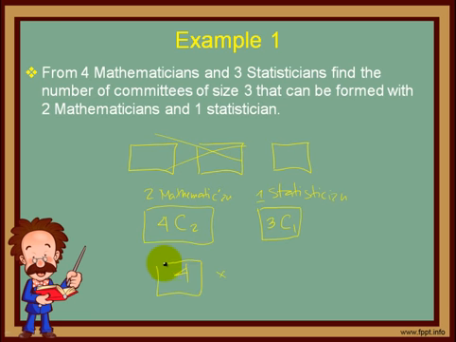There are 6 ways to choose 2 mathematicians out of the 4 mathematicians, and of course diri, tulo ka pwede isulod, tulo ka pilian, kay tulo man ka statistician ug isa ray kuhaon, and the answer is 12.